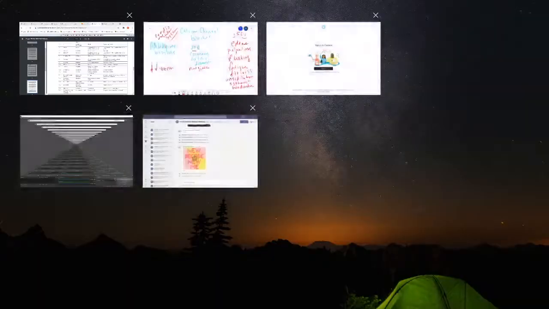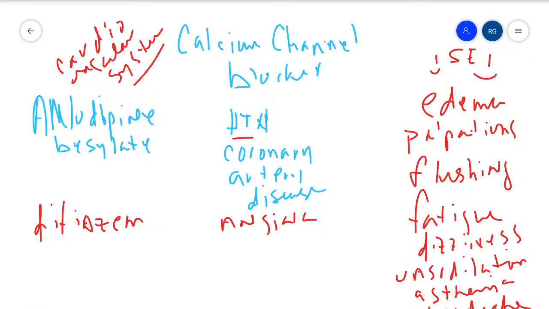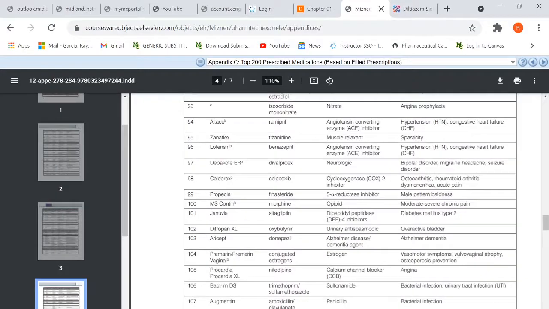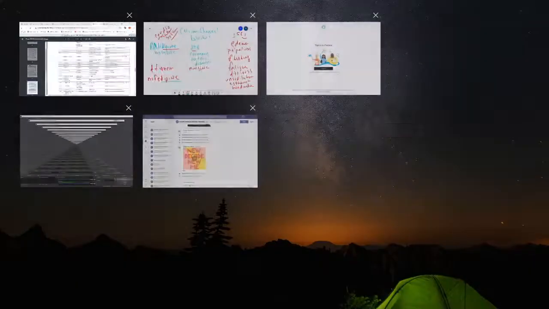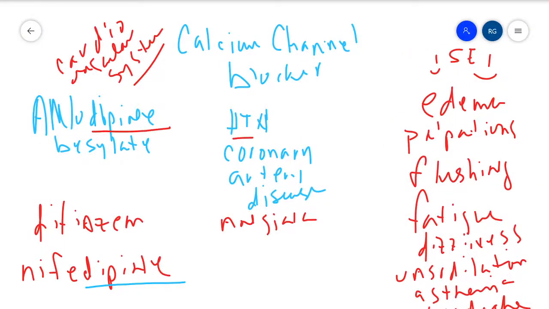Nifedipine, and notice how they end. Dipine. Here's another one, dipine. Nifedipine, calcium channel blocker, is for angina. So we got angina here as well.